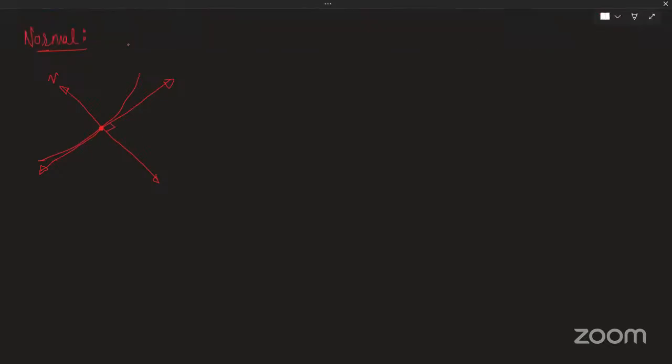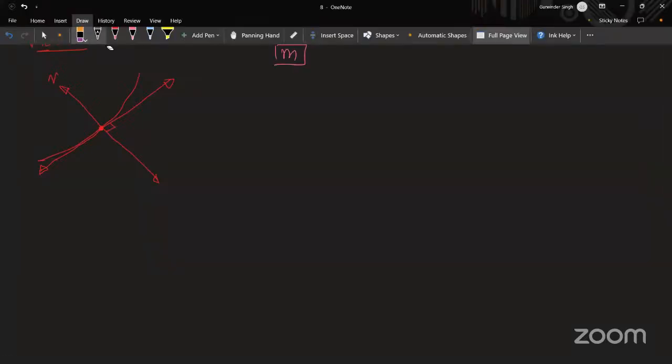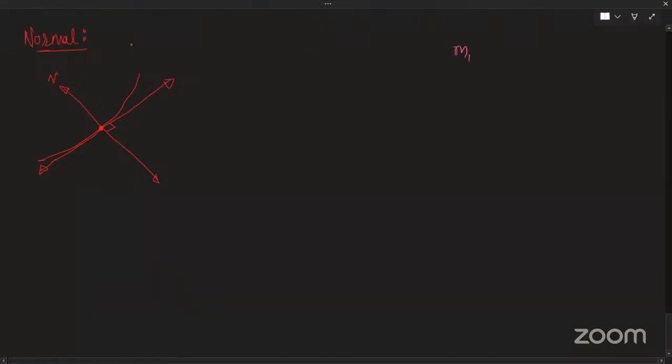So obviously, if two lines are perpendicular to each other and the slope of one line is m, can you tell me what will be the slope of the other line? Minus 1 by m. So m1 into m2 is minus 1. So obviously m2 is minus 1 by m1, minus 1 by m, right?